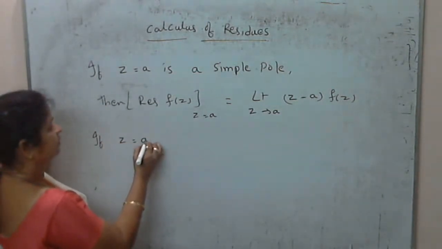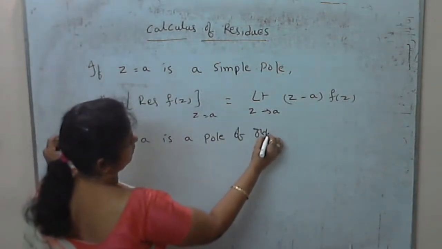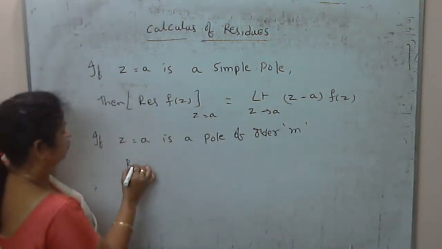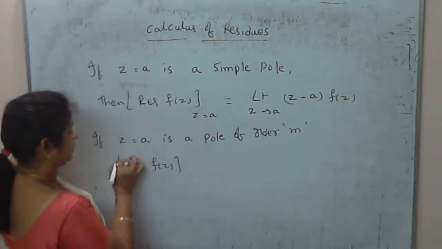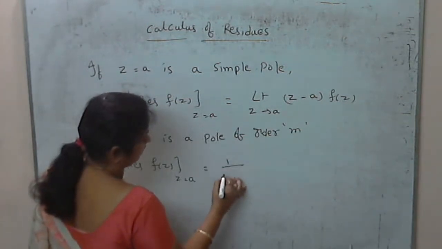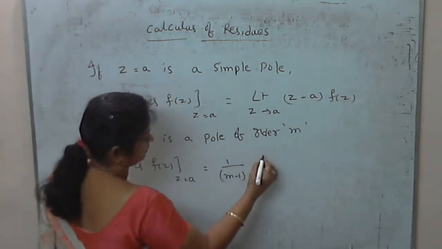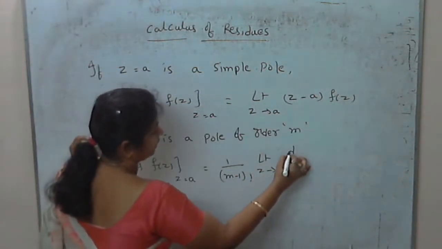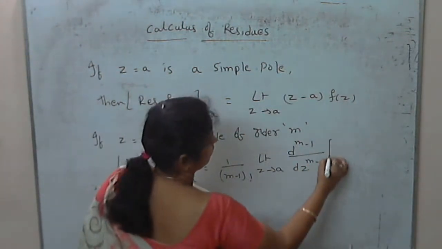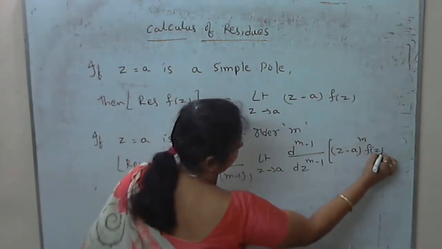If z equal to a is a pole of order m, not a simple pole, then the residue of f of z at z equal to a is 1 by m minus 1 factorial, limit z tends to a, d power m minus 1 by dz power m minus 1 of z minus a whole power m into f of z.